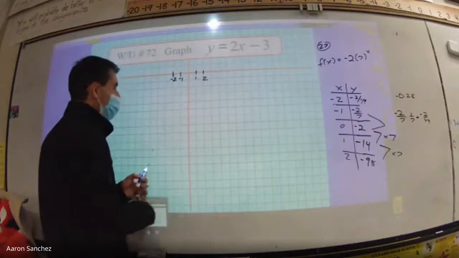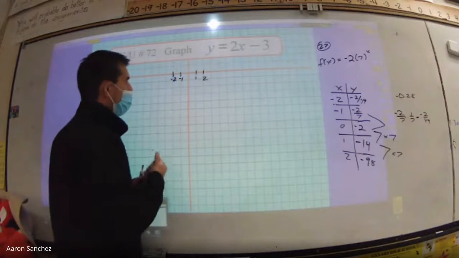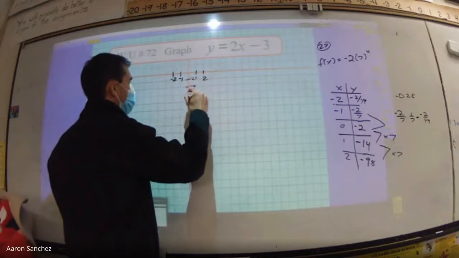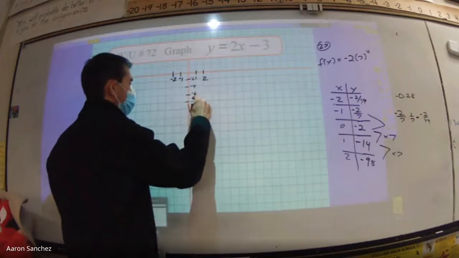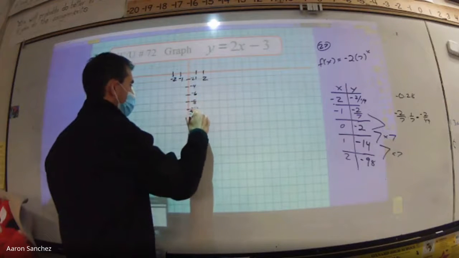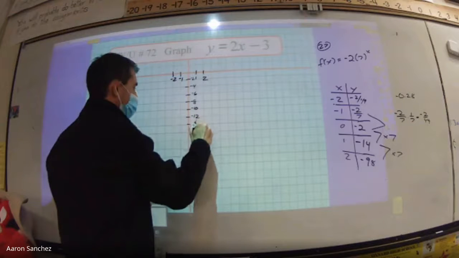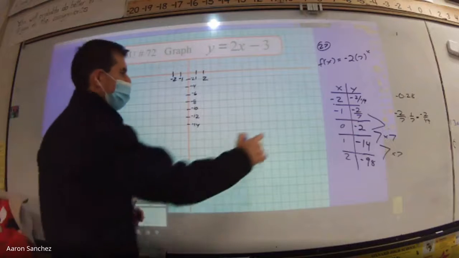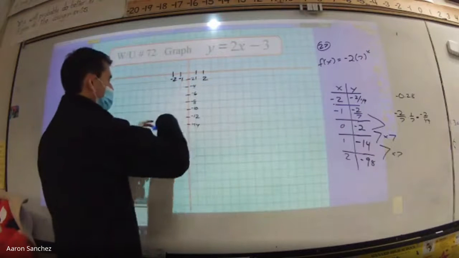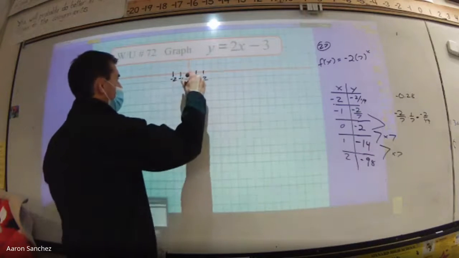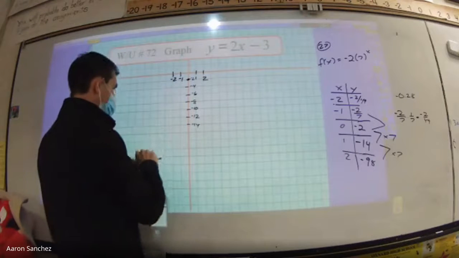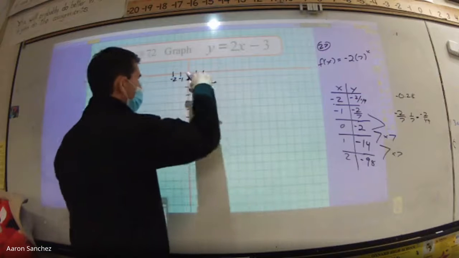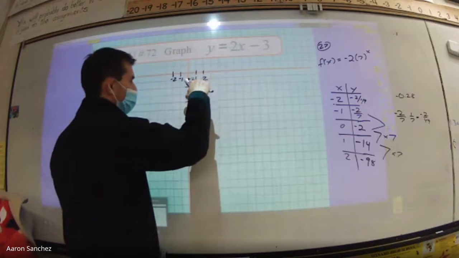Actually, I've got to scale this out: -2, -4, -6, -8, -10, -12, -14. That's as big as we're going to get. So 0, -2 will be right there. And then 1, -14 will be here.